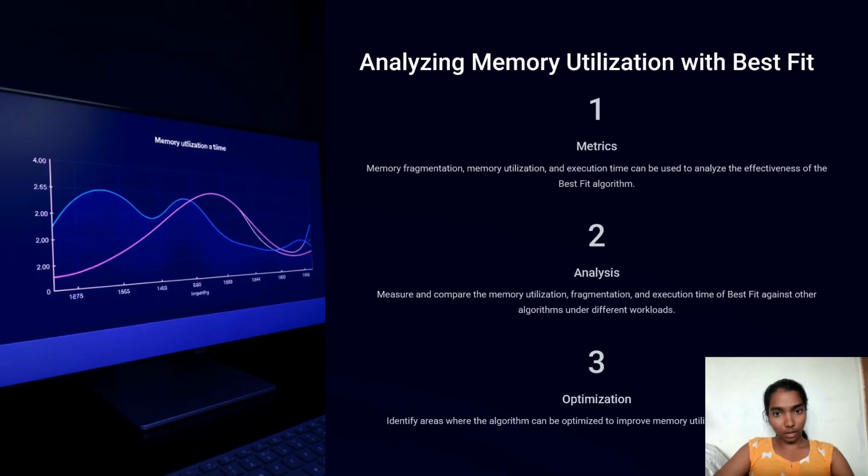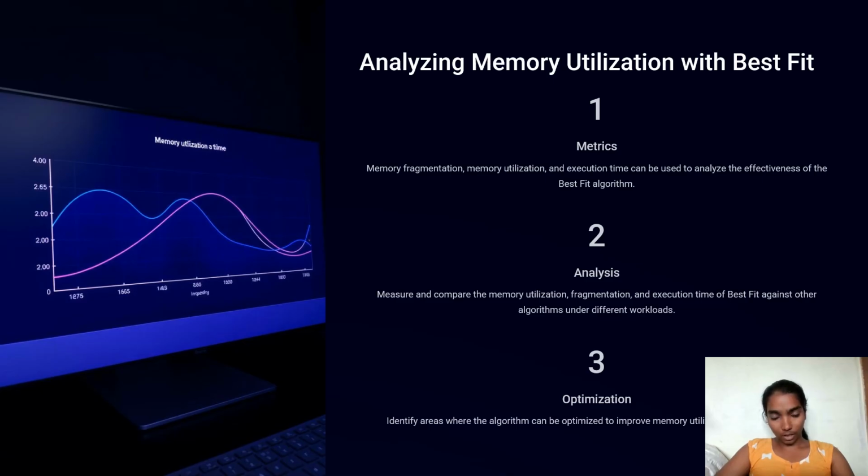The next is analyzing memory utilization with best fit. There are three steps. The first one is metrics, the second one is analysis, and the third one is optimization. First one is metrics. Memory fragmentation, memory utilization, and execution time can be used to analyze the effectiveness of the best fit algorithm.